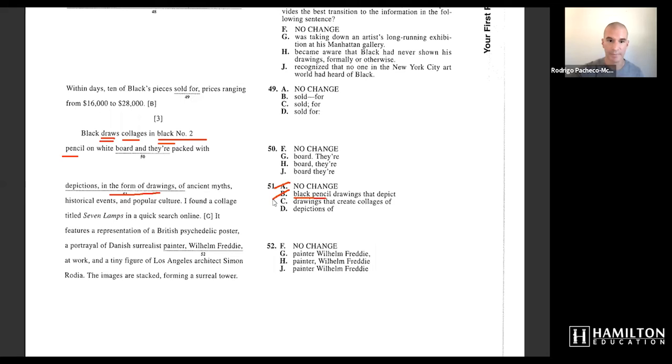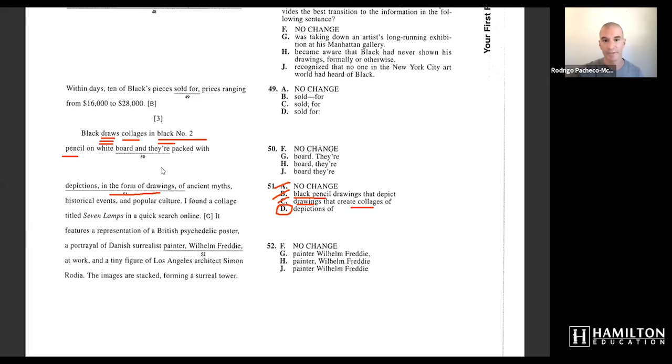So we can eliminate B. C, drawings that create collages. So we already have this idea that he is drawing collages. So both of those elements are redundant. Our correct answer here is D.